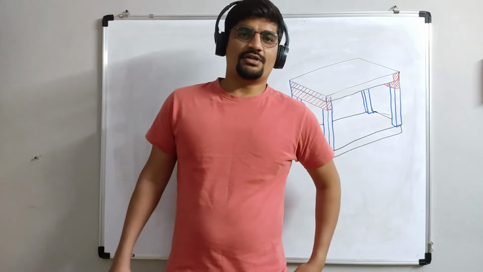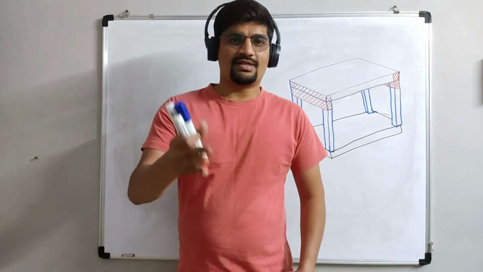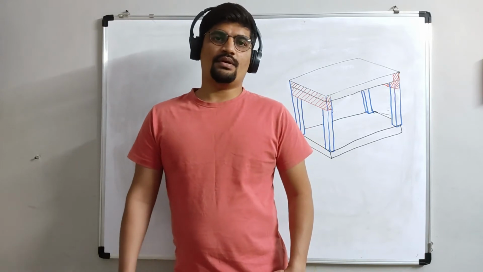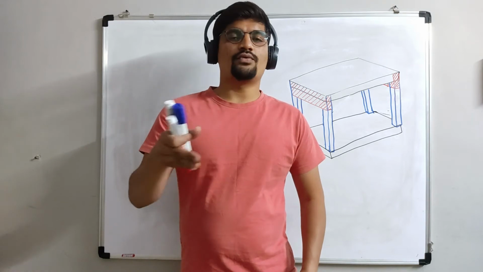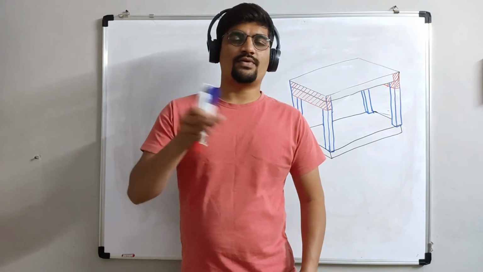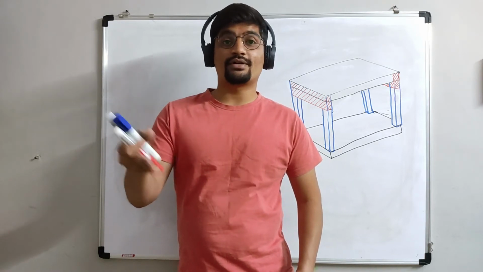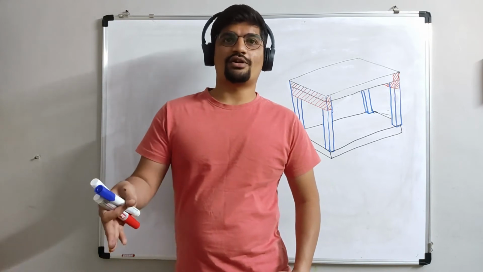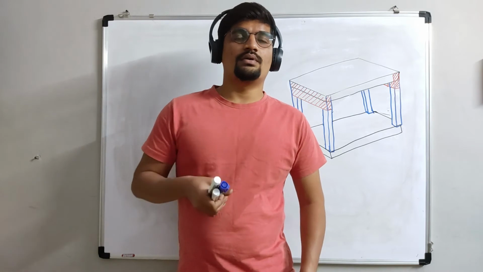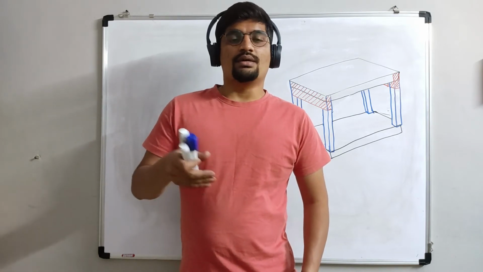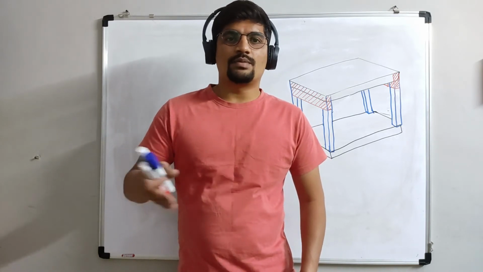So far we have studied the design of flexure, in which we studied the singly reinforced beam. First of all, we started with the introductory portion of limit state design and the stress-strain curve, and after that we analyzed and designed the types of beam.